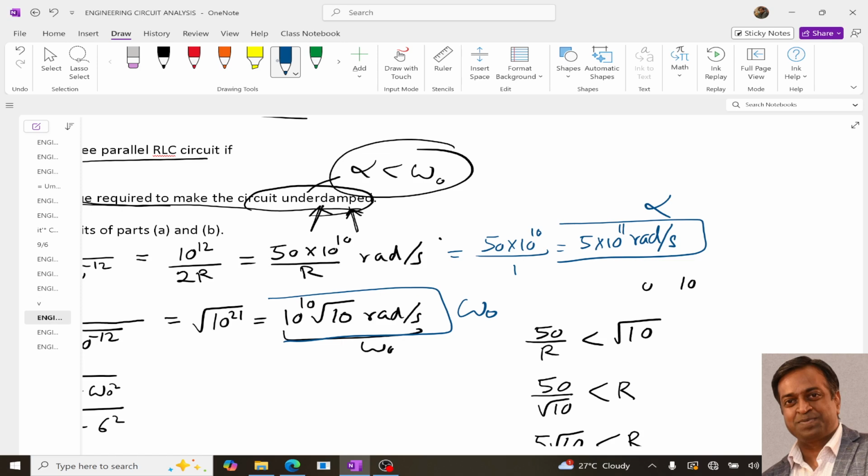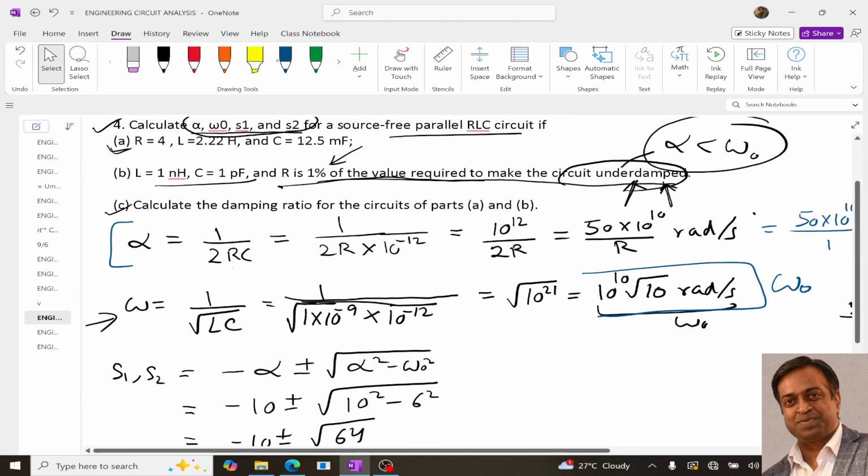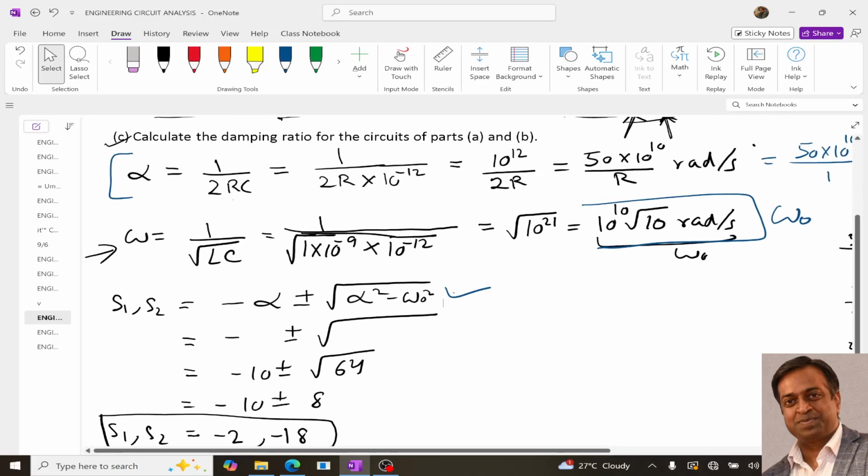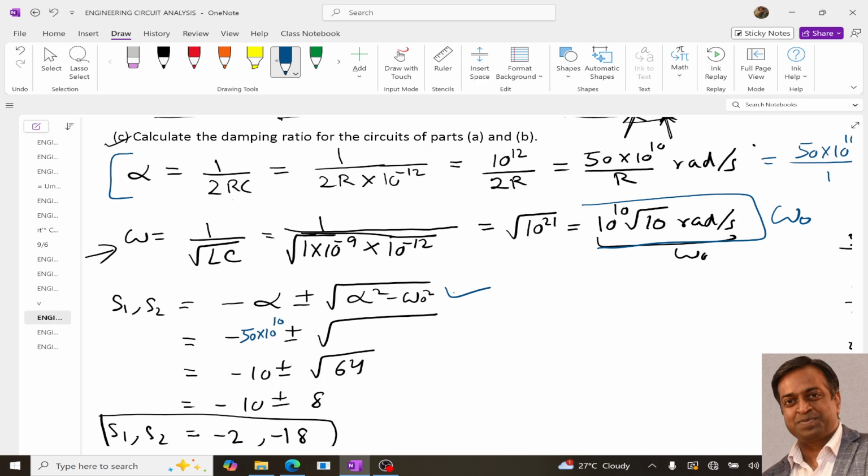Now once we get alpha and omega naught, we can determine S1 and S2 using this formula. Substituting these values, we get minus alpha, where alpha is 50 into 10 power 10, plus minus the square root of alpha squared minus omega naught squared, where omega naught is 10 power 10 root 10.